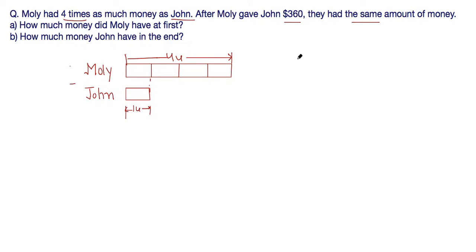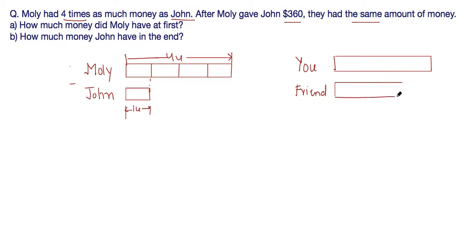Okay, so let's say you have $100. Okay, $100. So let's say this is your $100. Okay, and you have a friend. Okay, and he is having only lesser than you, let's say less than you, maybe something like 60. So your friend is having $60.